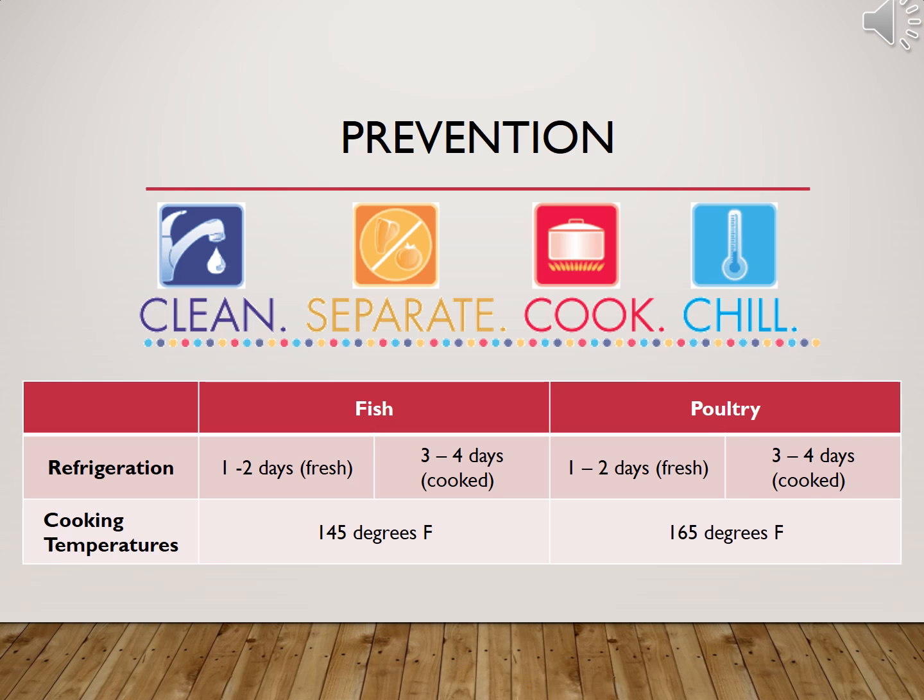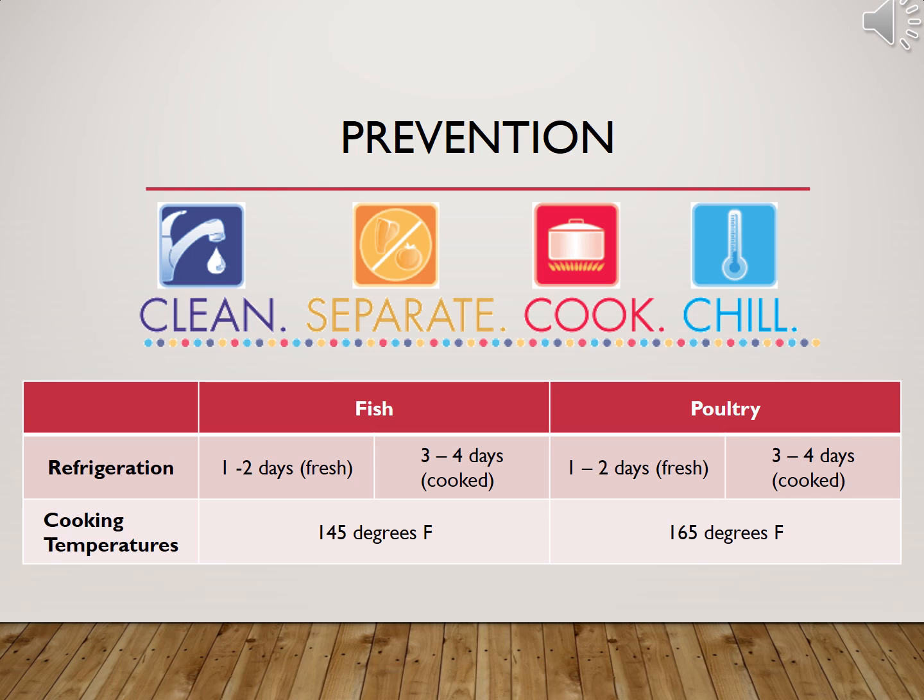For refrigeration of each of these foods, it's also very important that these guidelines are taken into consideration. For fish, if it is fresh, uncooked fish, it should be refrigerated for no more than 1 to 2 days. If it's going to be longer than that, it should be frozen and then thawed when it is ready to cook.